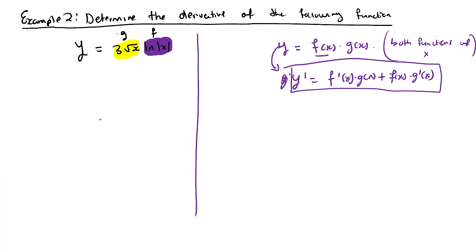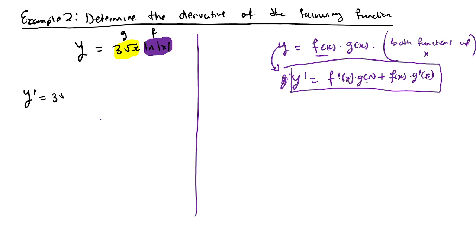That means that we are going to say y prime is equals to, let me just quickly write from this side, what did I say? You take the derivative of f and then you keep g. So let's keep g.